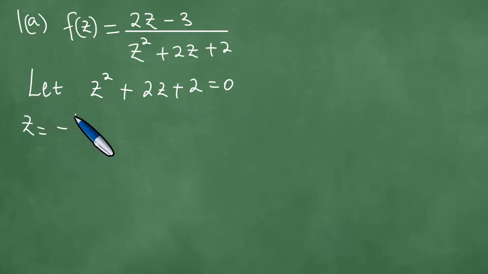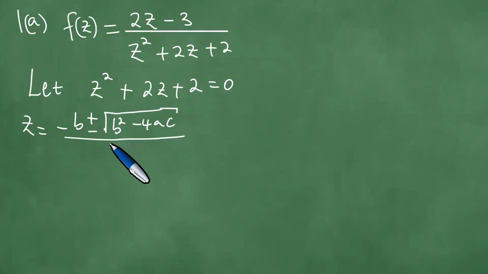This means z equals minus b plus or minus the square root of b squared minus 4ac, all over 2a.